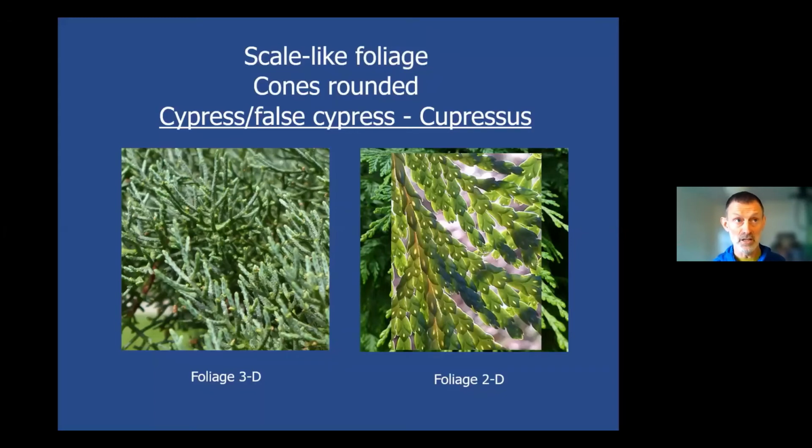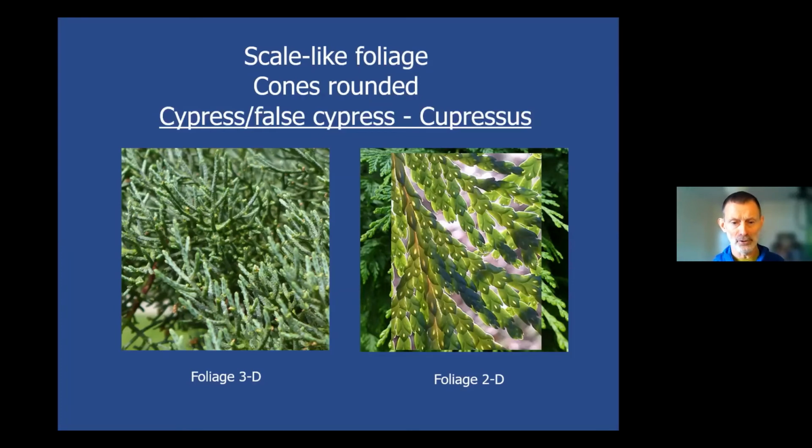Now, this used to be split into far more different families, but they've all been lumped into one, and especially cupressus, the genus. So things like Leylandii conifer are now cupressus. Now, another feature of these is they're quite often very strongly aromatic or fragrant, pungent. Certainly some aren't, but a lot are.